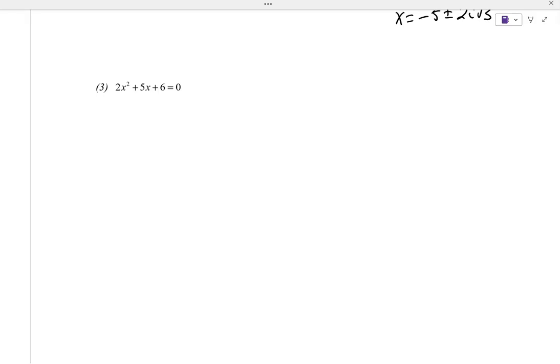But again, don't spend all sorts of time trying to factor it. I don't think this one factors. So if it doesn't factor, we'll use the quadratic formula.